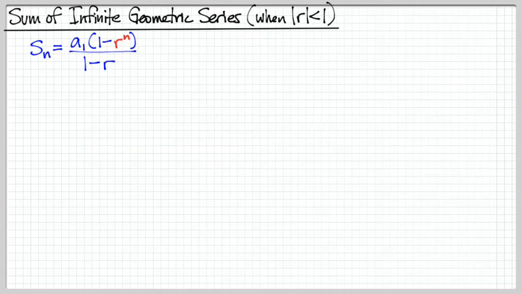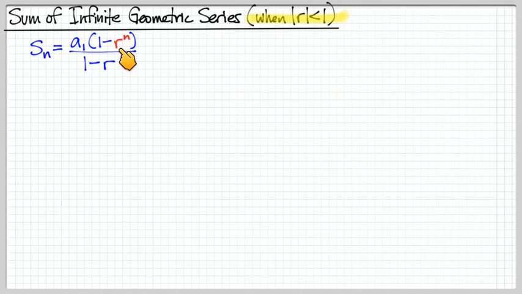Now we can generalize this to any infinite series when specifically the absolute value of r is less than 1. And this is a very key concept right here. The absolute value of r has to be less than 1. Otherwise it gets bigger and bigger.